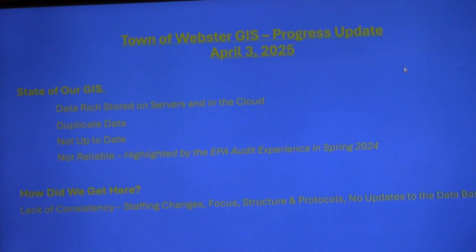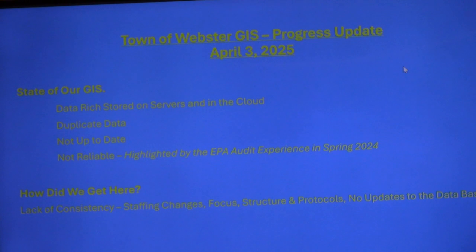So our GIS, we know that it's got a lot of information in it. We also have come to the realization that it's probably got a lot of duplicate data in it. And unfortunately, it's not been updated significantly, I would say, for a while. At that point, what this does is it makes it an unreliable tool for us.